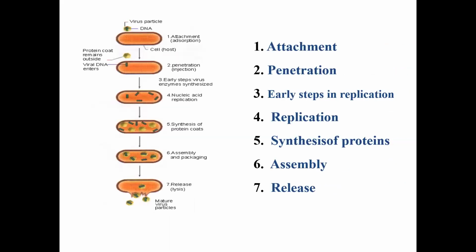This diagram shows a summary of the 7 steps of viral infection. We have attachment, penetration, early replication, replication is completed, synthesis of proteins, assembly, and then release. We'll go through this process in a little more detail as we go on.